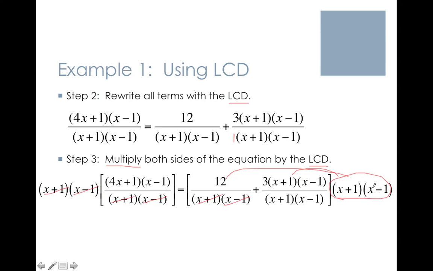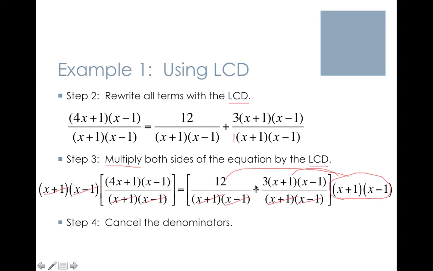So what we're really left with is just the numerators as our equation, which makes sense because, now that we have a common denominator, it's all going to depend on what happens with these numerators anyway.